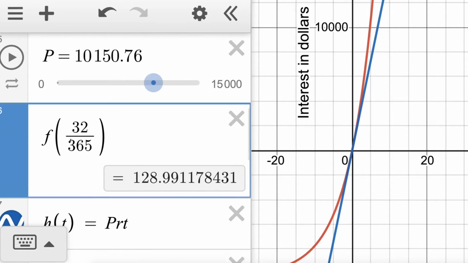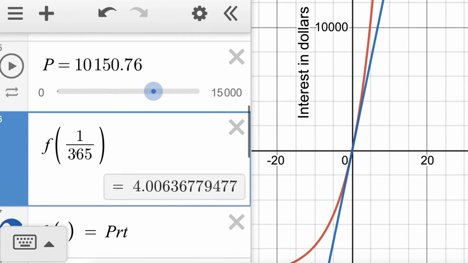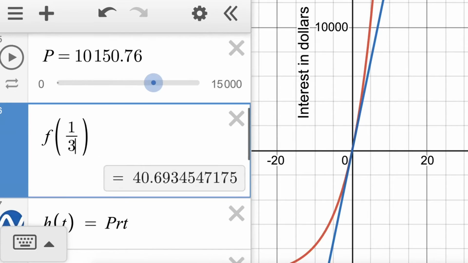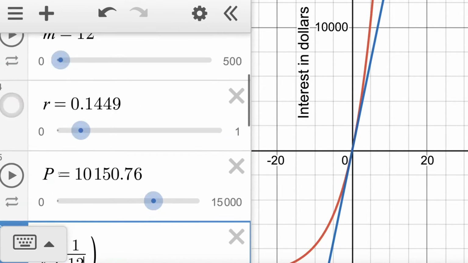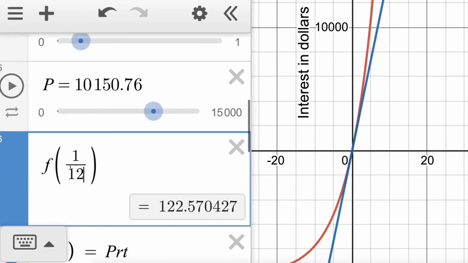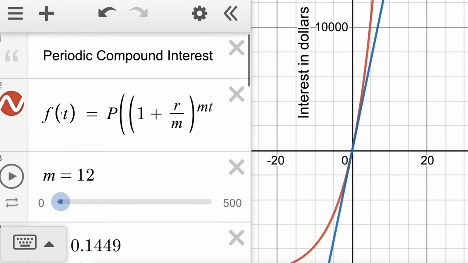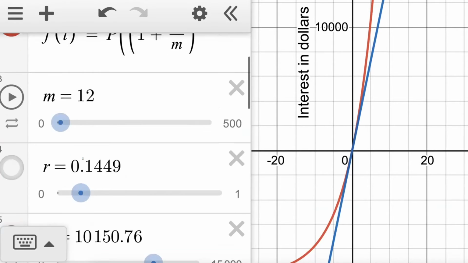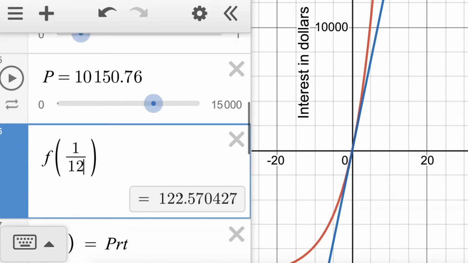All right, so I want to calculate the interest for 1 month. So I have to take 1/12 because the t here is in years, and 1 month is 1/12 years, and I got $122, which is less than the amount that I paid.